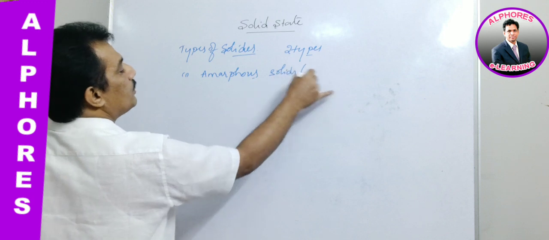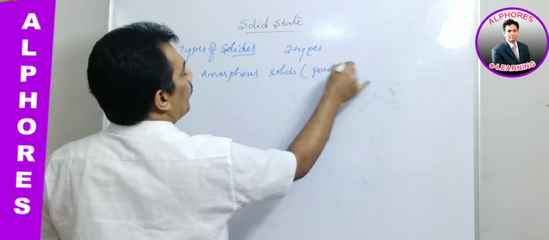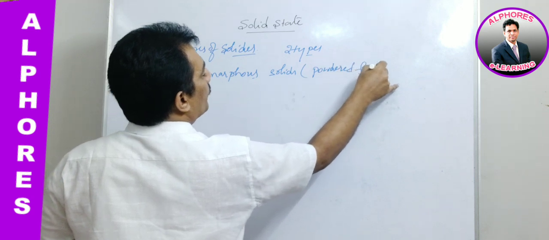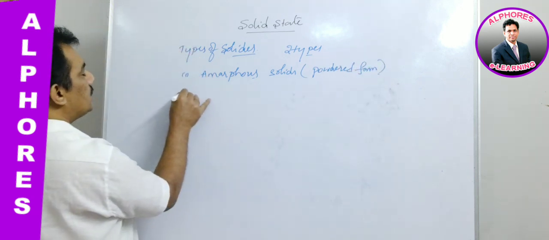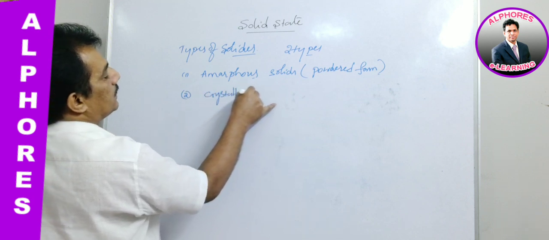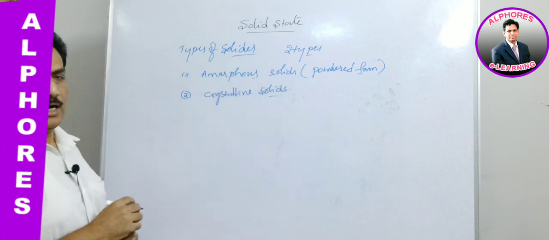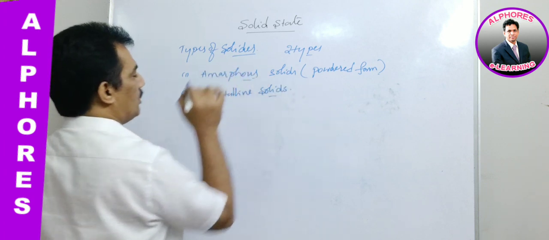Amorphous solids, simply we can say that it is powdered form. And second one is crystalline solids. And now first let us define amorphous form.